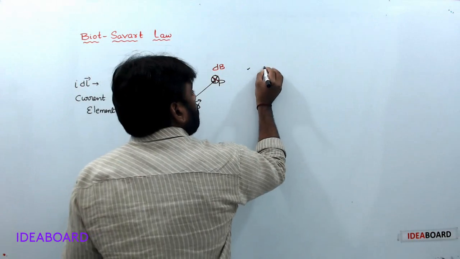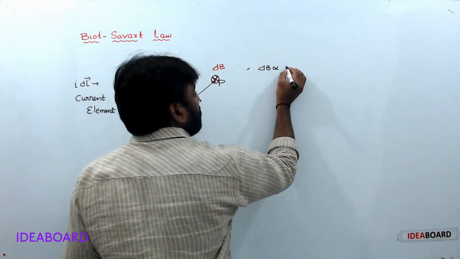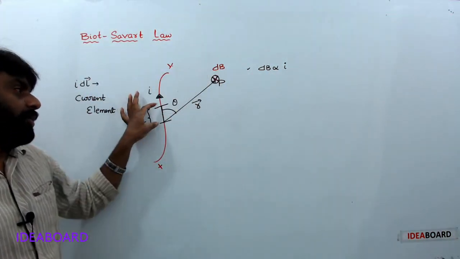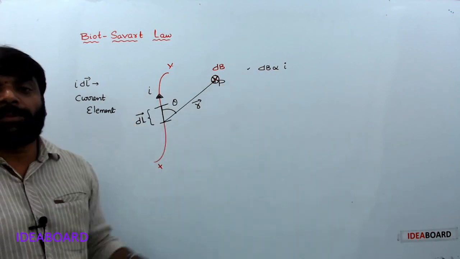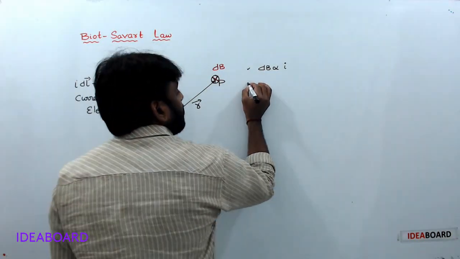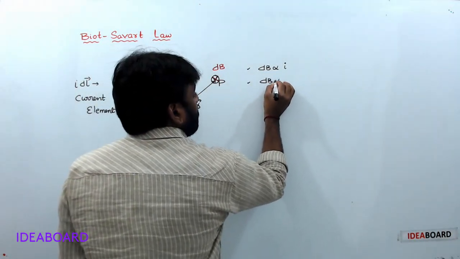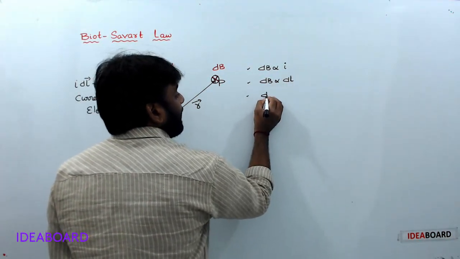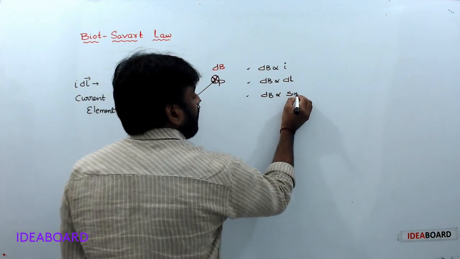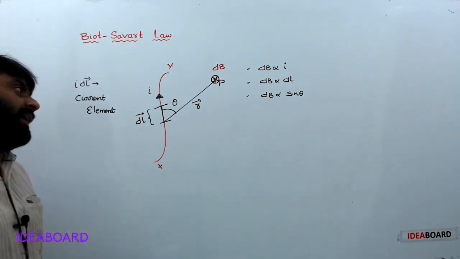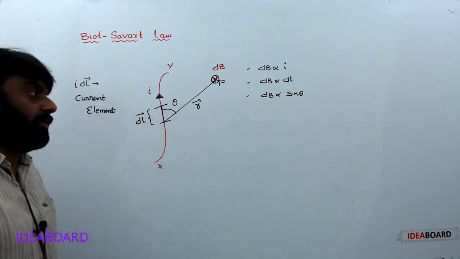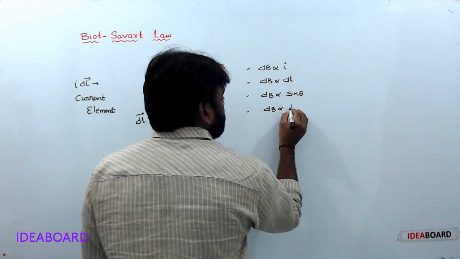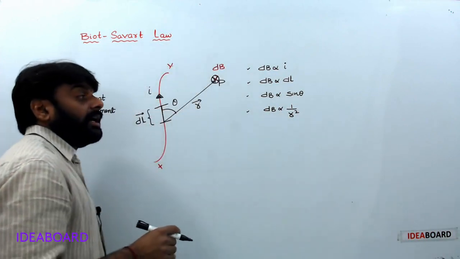Now this field intensity due to this elemental length is directly proportional to the current, directly proportional to the length of that element dl, directly proportional to the sine of the angle between the current element and position vector, sine theta, and inversely proportional to the square of the distance.